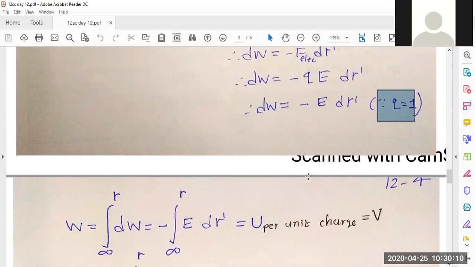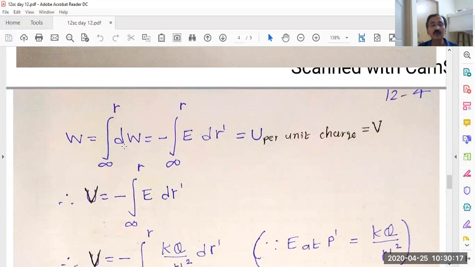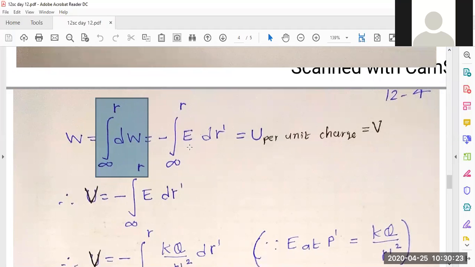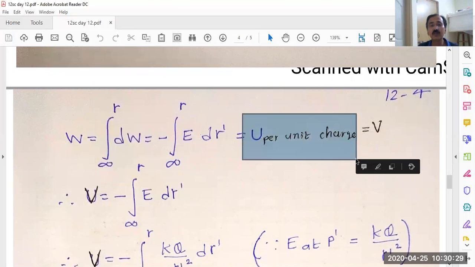But we are interested in total work done, so we integrate from infinity to r. Small work done dW, and this is the total work done: E dr dash as it is, and this is work done per unit charge. Remember what we did?